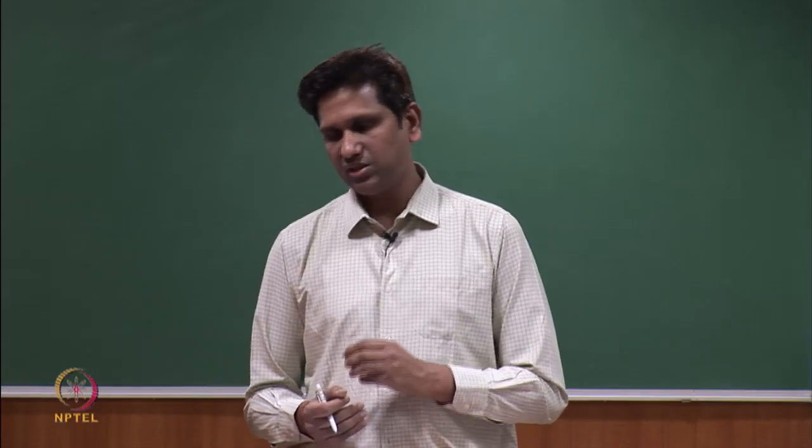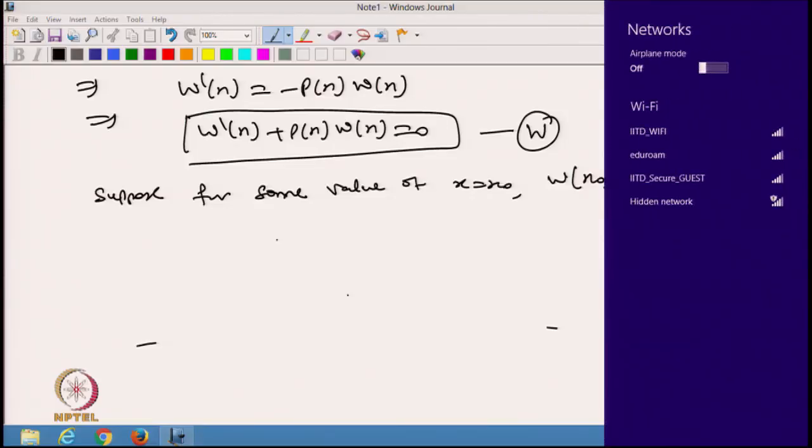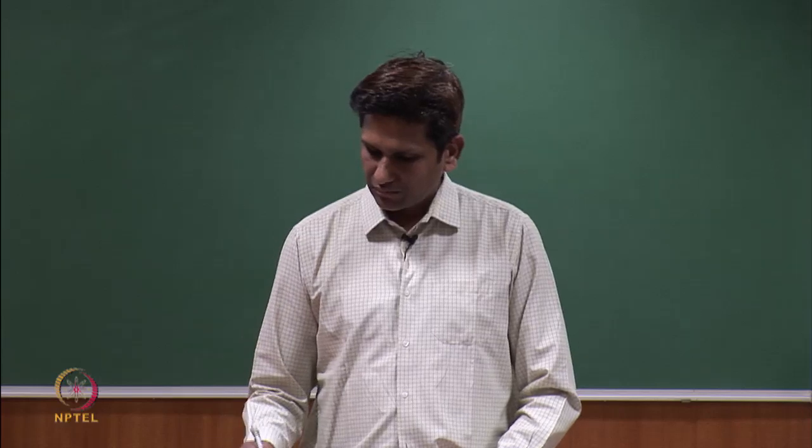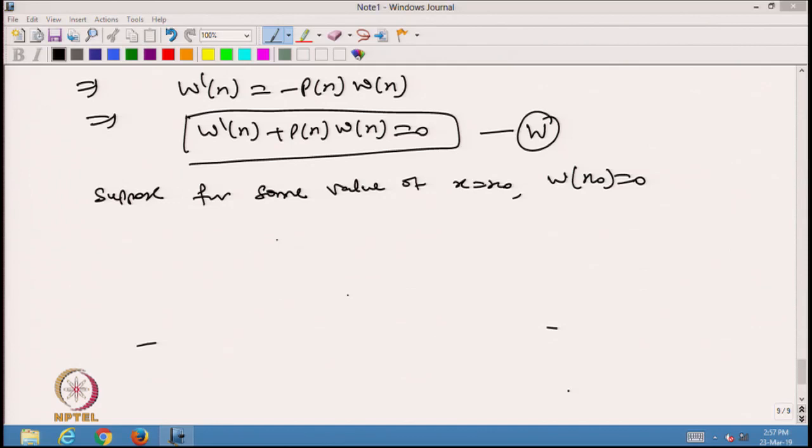So, what we do is put some value of x there. I put the value x naught, and after putting this value I found that my Wronskian is 0. So, what will happen in that case? Can I say that this Wronskian will be 0 forever?